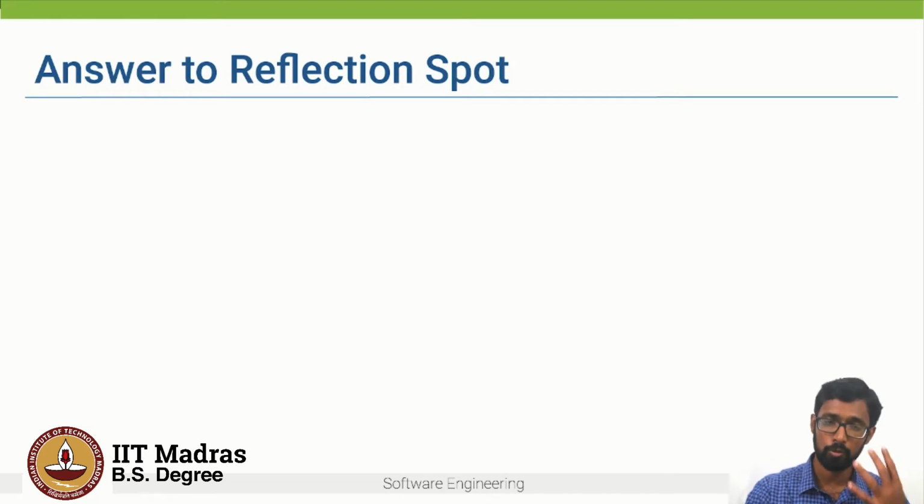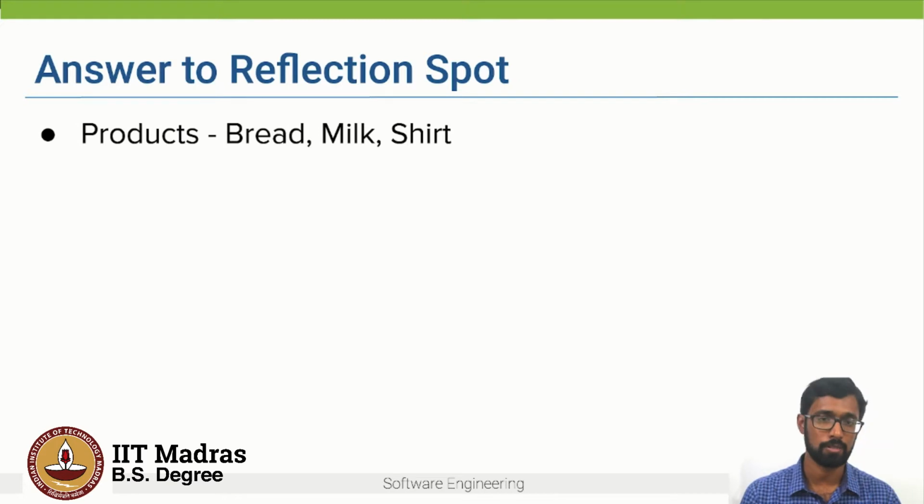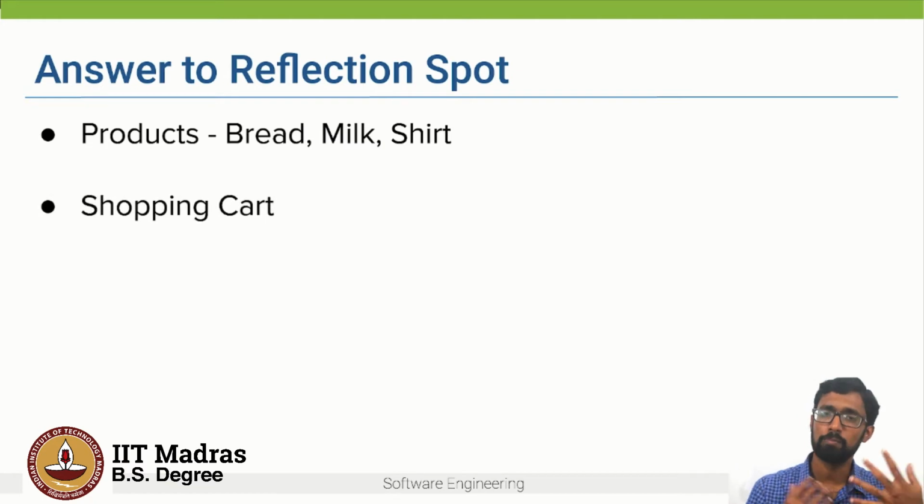One is you go to the market to buy something. These are nothing but the products. It can be food items, clothing, etc. These are tangible objects. After you decide what all to buy, you place them on a shopping cart or a shopping bag. So this is also an object.